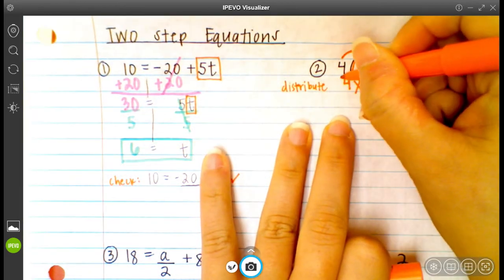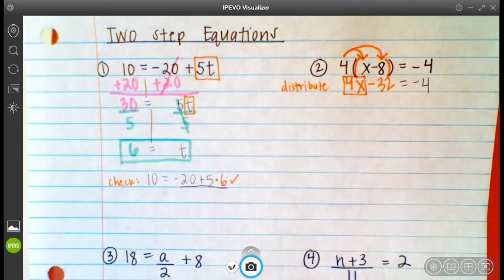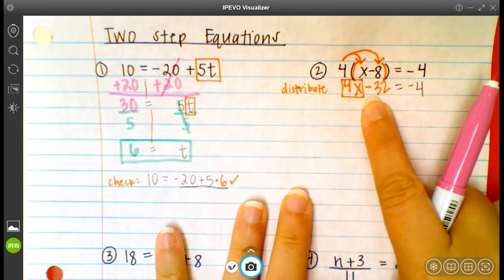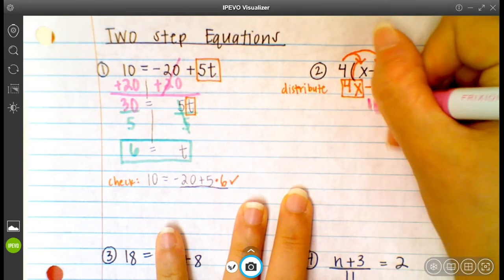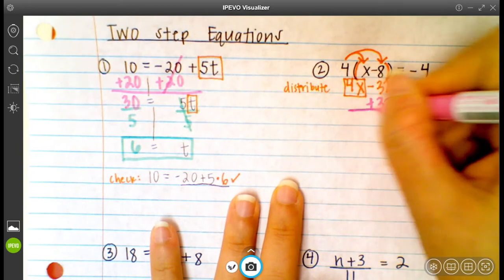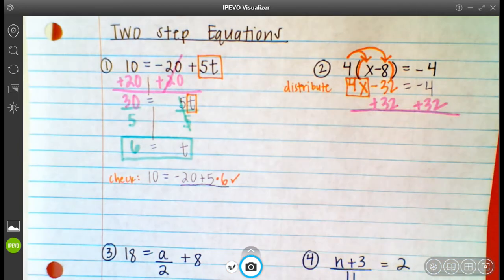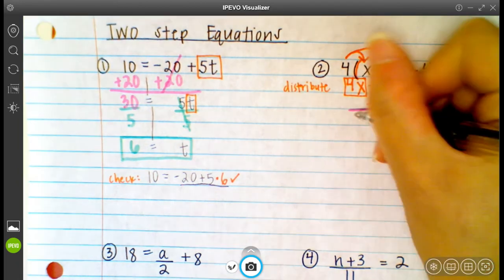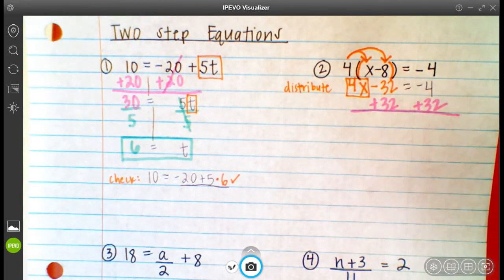So I see my 4x, and I need to undo my operation. So instead of subtracting by 32, we're going to add by 32 to both sides. All we're going to end up bringing down our 4x. I'll keep it the same.